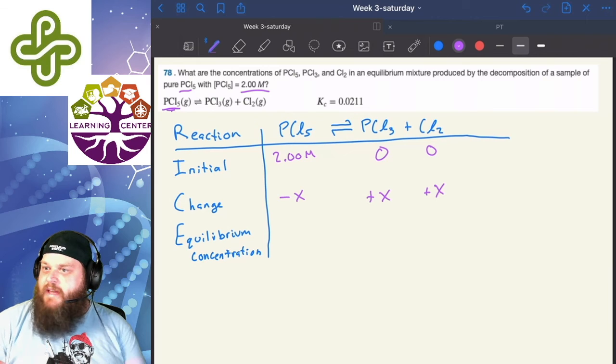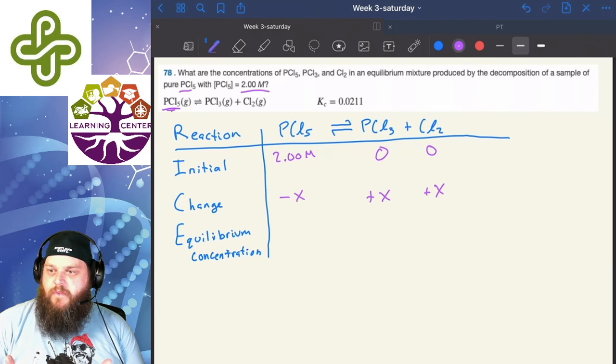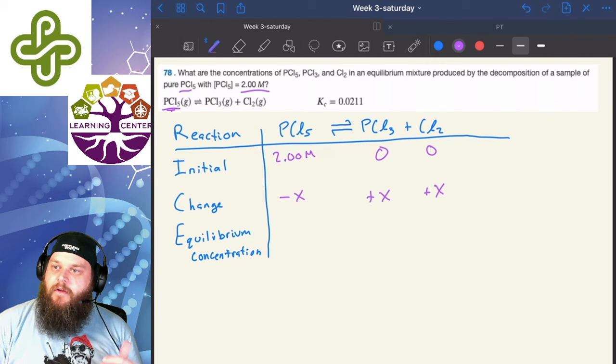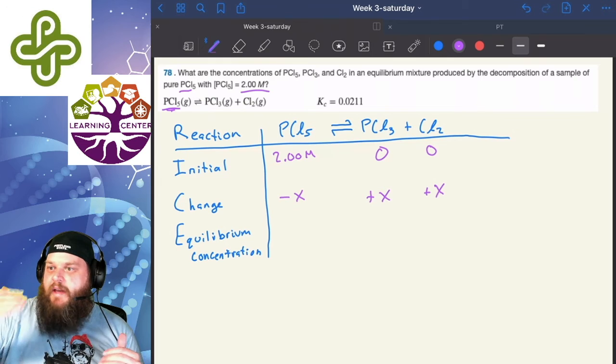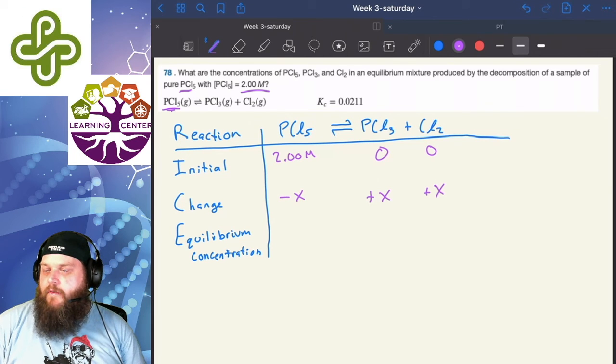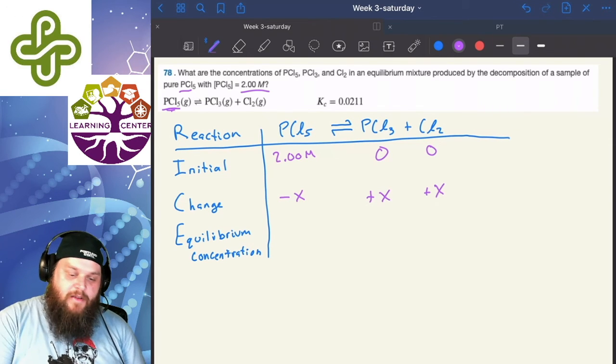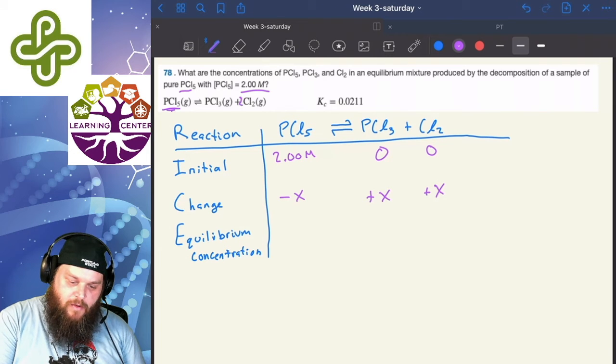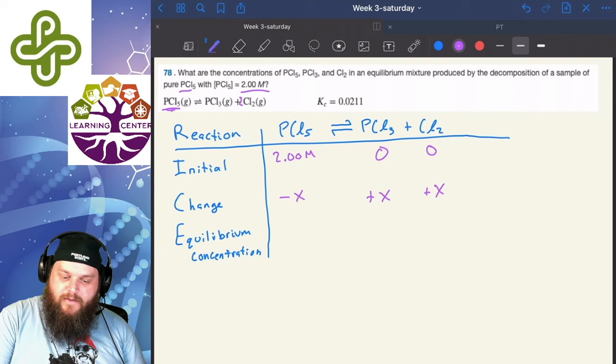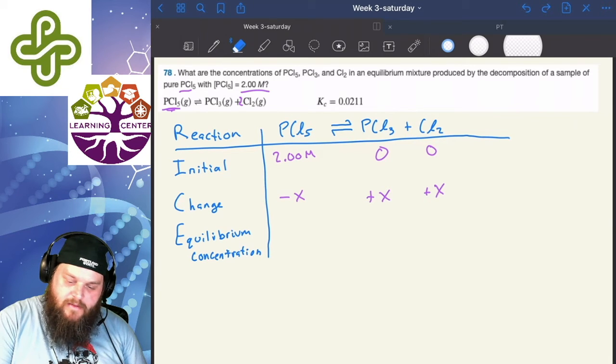Now they're all in the same container in this mixture, so the volumes are going to be the same in these. So for every mole that gets added for a loss of PCl5, we're going to gain 1 mole of PCl3 and gain 1 mole of Cl2. If these stoichiometric ratios were different, if we had a 2 here, for every 1 mole we lost of PCl5, we would gain a 2x instead. That's an ugly 2x.